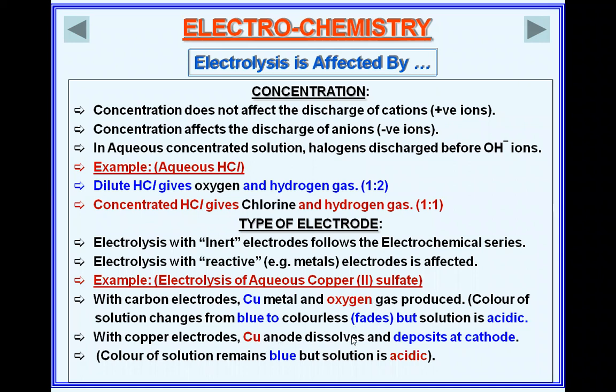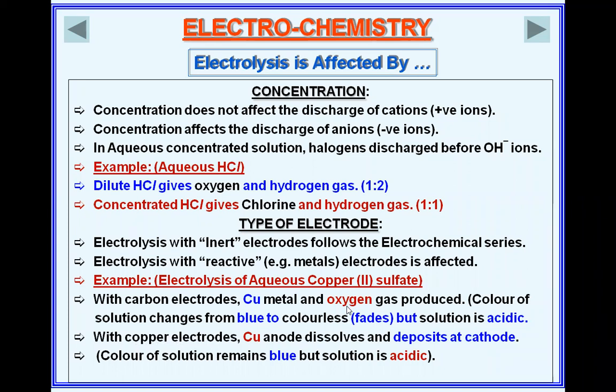But when the copper sulfate solution contains a copper metal anode and cathode, the copper anode just dissolves in the solution, and the color of the solution remains blue, and the solution is acidic in both cases. The mass and size of the cathode are increasing in both cases, even if carbon or copper electrodes are used.